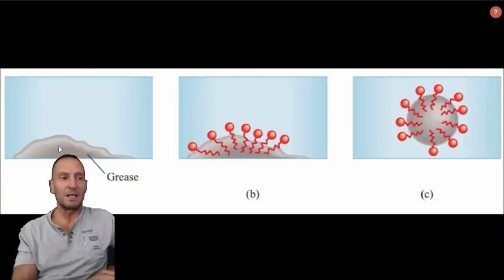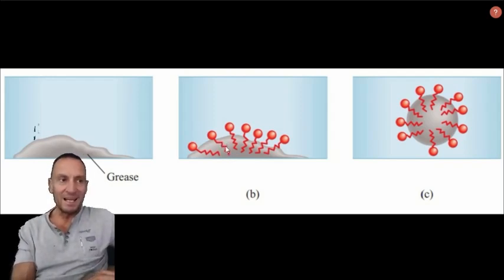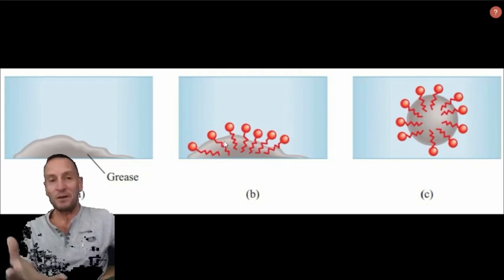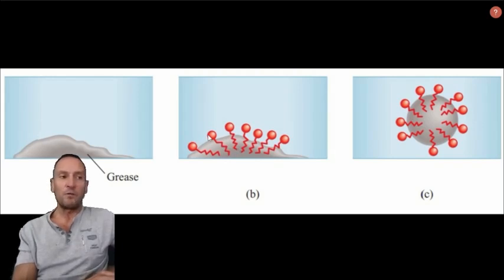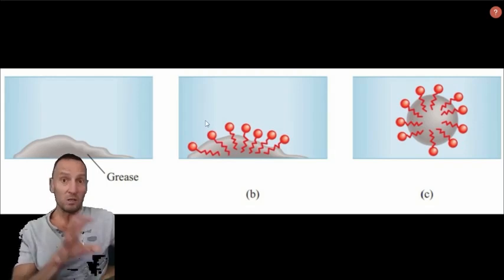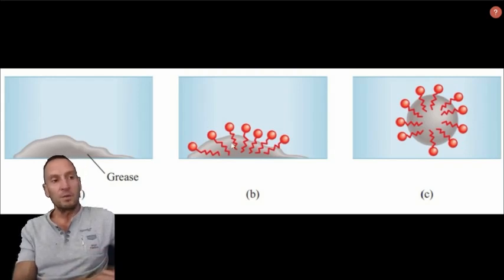There is the dirt here, the grease, and you can see the hydrophobic tail gets stuck to the grease because of London dispersion forces, because it's attracted. The hydrophilic head is not attracted to the grease. It actually sticks to the water because it wants to grab some hydrogen and get bonded to it. And because of that, one end gets into the grease and the other gets into the water. So now it cuts it off.